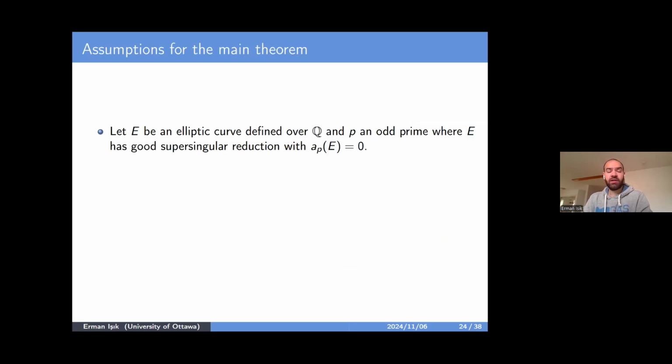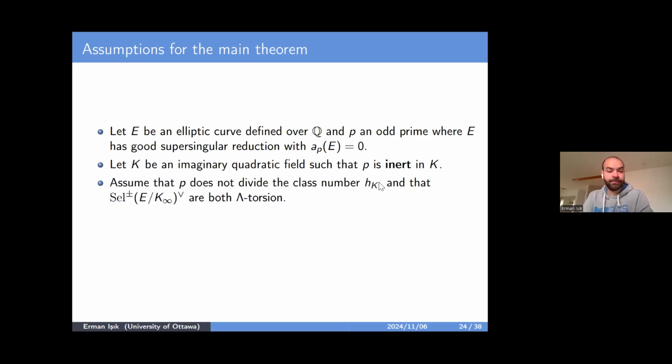And here are the assumptions for our result. We have an elliptic curve defined over Q. We fix an odd prime where E has good supersingular reduction, and we also assume that a_p is 0. We also fix an imaginary quadratic field such that p is inert. So this is the new case.